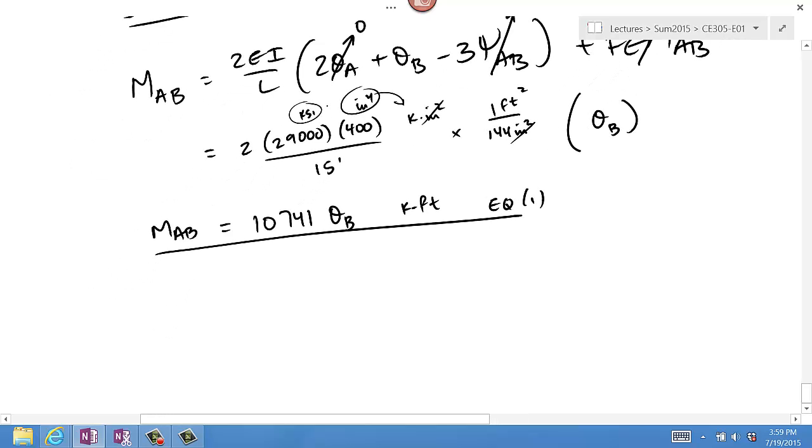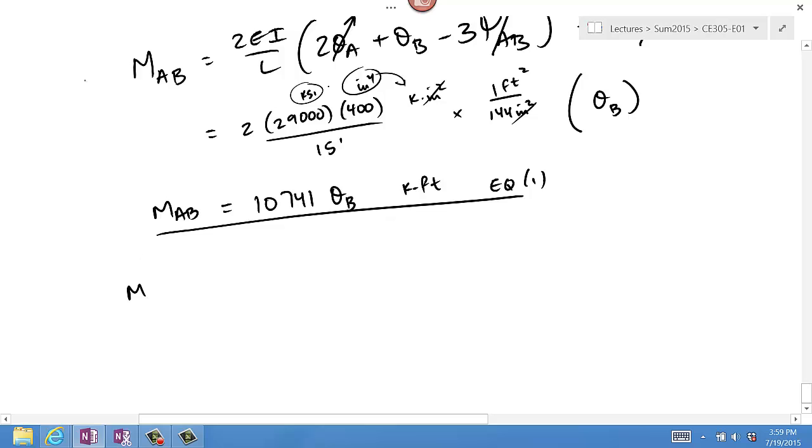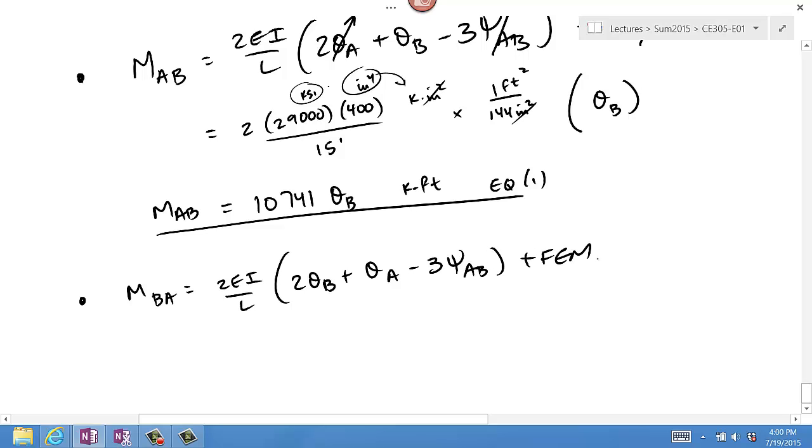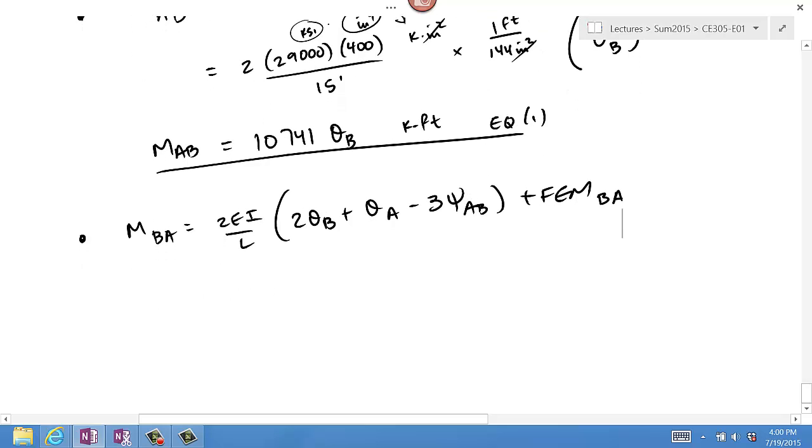Let's write out a similar expression for MBA. So that's MAB, then we have MBA, general case, so that's 2EI over L, 2 theta B plus theta A minus 3 psi AB plus fixed end moment BA. So again, theta A is 0, psi AB is 0, and FEM BA is 0.